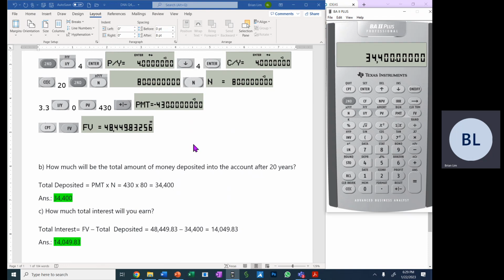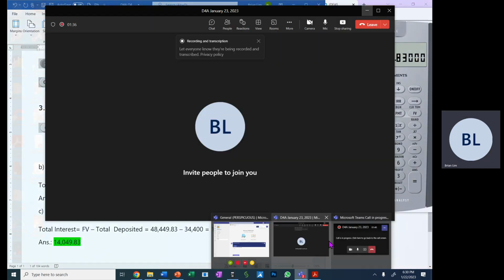So the future value here is $48,449.83. And then we subtract the amount deposited, which is right here, this 34,400, and that gives us 14,049.83. And that will be the end of the lesson.